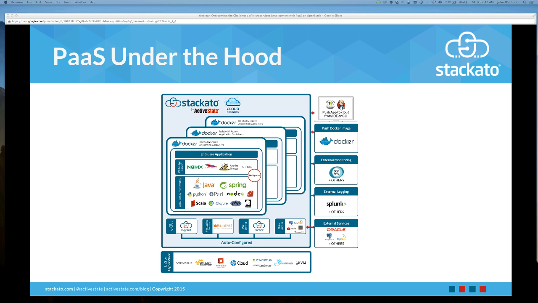There are also frameworks like Spring and Bottle for Python and others that are also available. And then containers that these things need to run in, like Tomcat and Nginx.